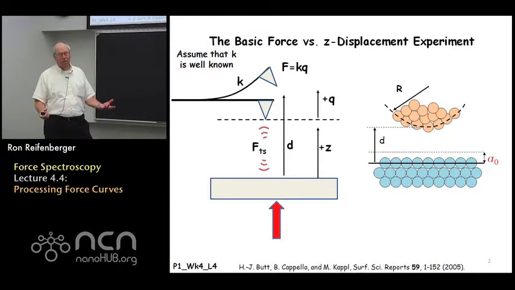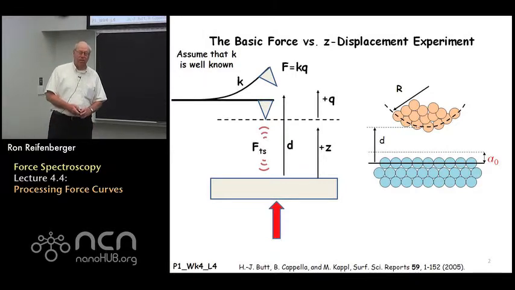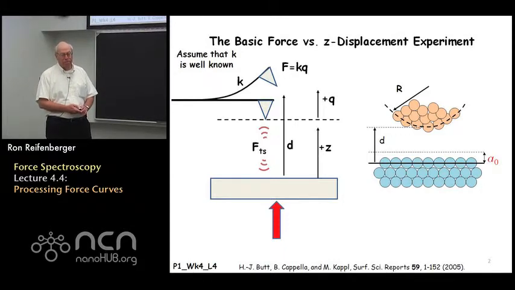That parameter is not terribly well defined for any given experiment. Typically, it's on the order of 0.3 of a nanometer or so. That's typically the separation between atoms in solids. And so we'll be using that parameter in order to understand the experimental data that comes out of these experiments.